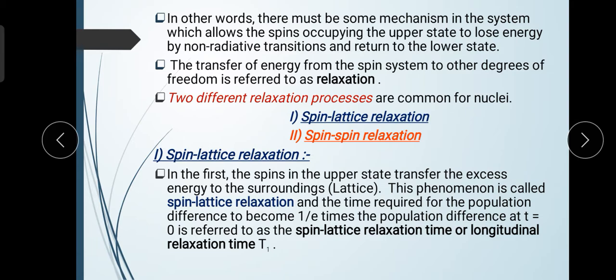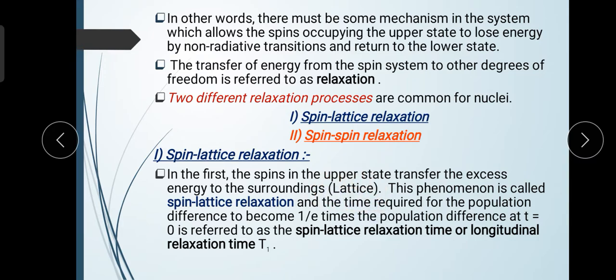So the first relaxation process is the spin lattice relaxation. The name indicates that there is an interaction between the spin and lattice. Suppose we have a spin which is in the ground state and it absorbs some energy and gets excited, and after some time there is a de-excitation, and for that de-excitation there is a transfer of excess energy to the surrounding, which is a lattice environment.